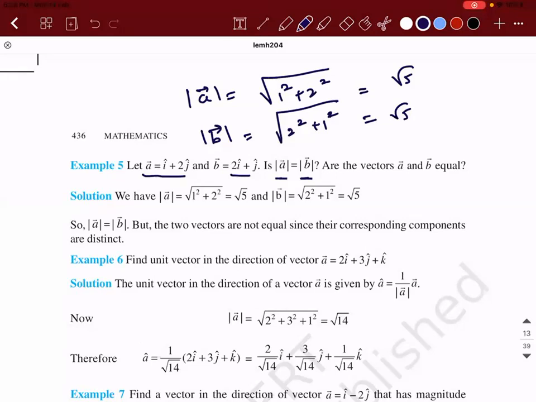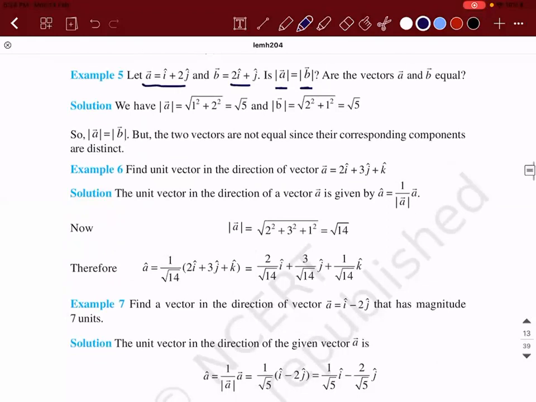Similarly, sixth one. Find the unit vector in the direction of vector A bar. A vector is 2i cap plus 3j cap plus k cap.